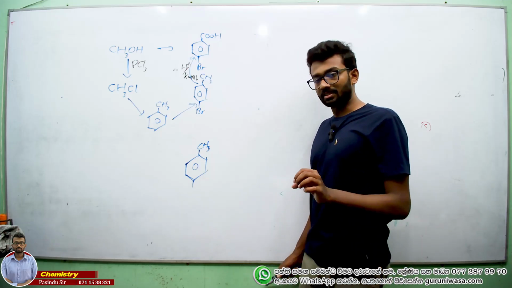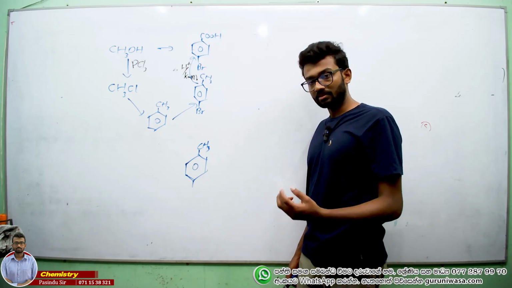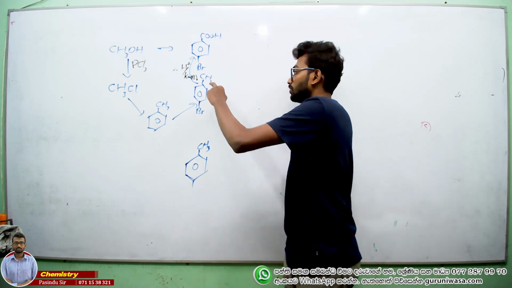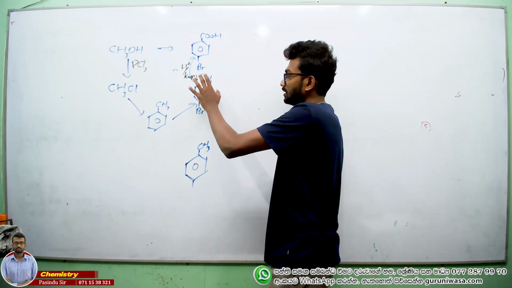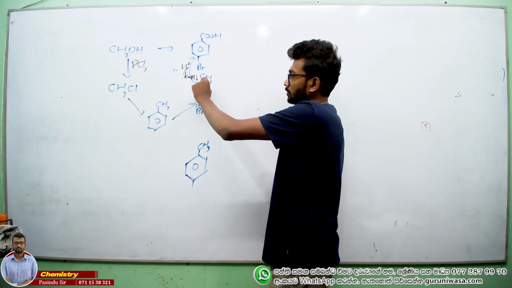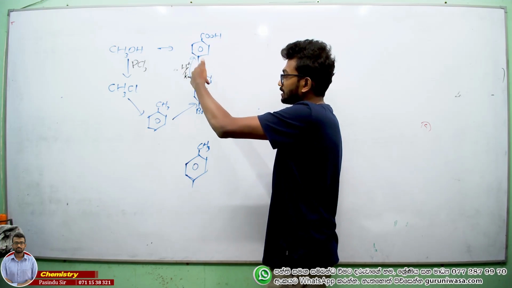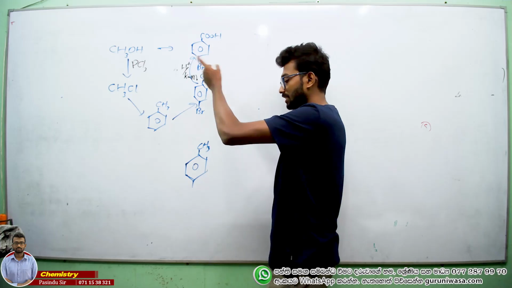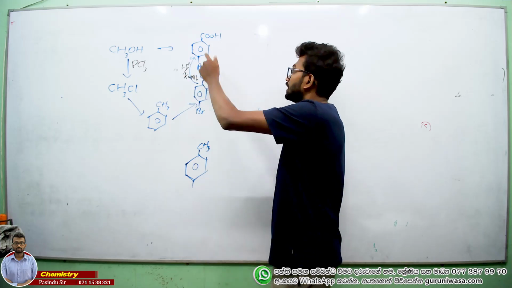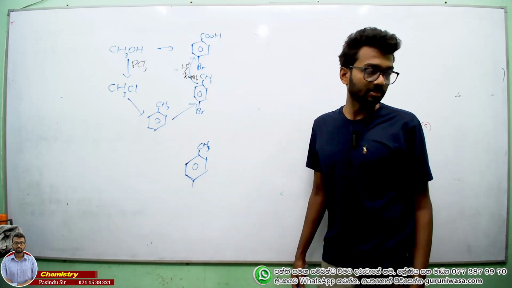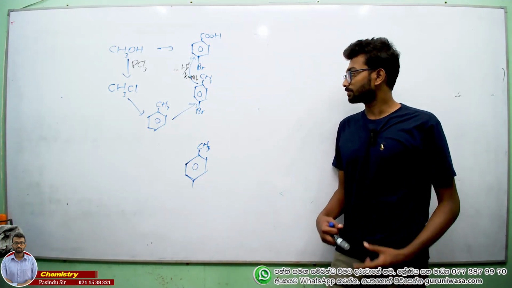So it doesn't matter what is the chain, what is the number of carbons bonded into benzene. Anyhow, if you do this oxidation, it converts that carbon chain, long, short, whatever, into COOH, right? Carboxylic acid group. Okay.